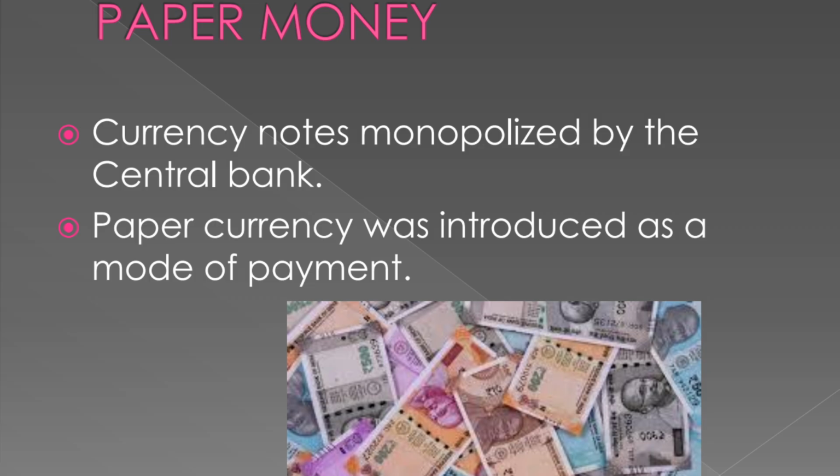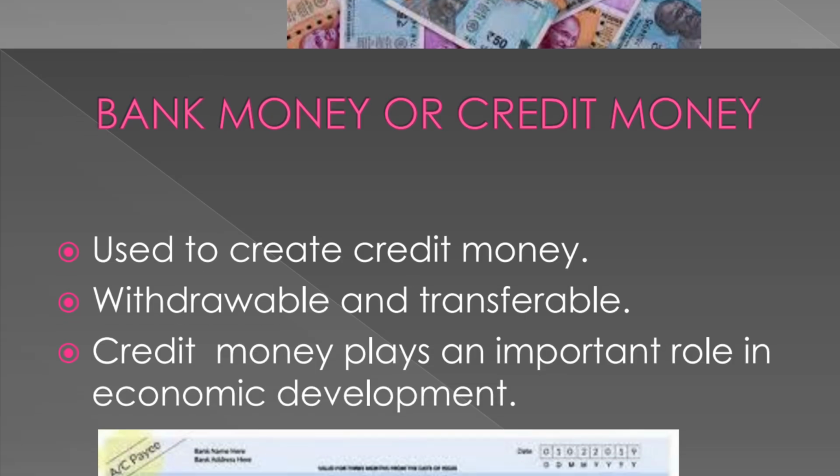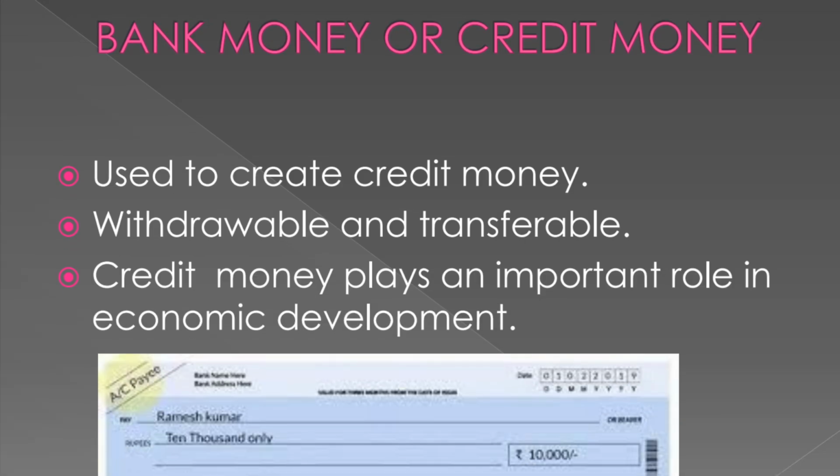In India, 1 rupee notes and all coins are issued by the government, but currency notes are issued by the central bank. So paper currency was introduced as a mode of payment. The inconvenience in handling and risks of storing paper money gave rise to bank money or credit money.